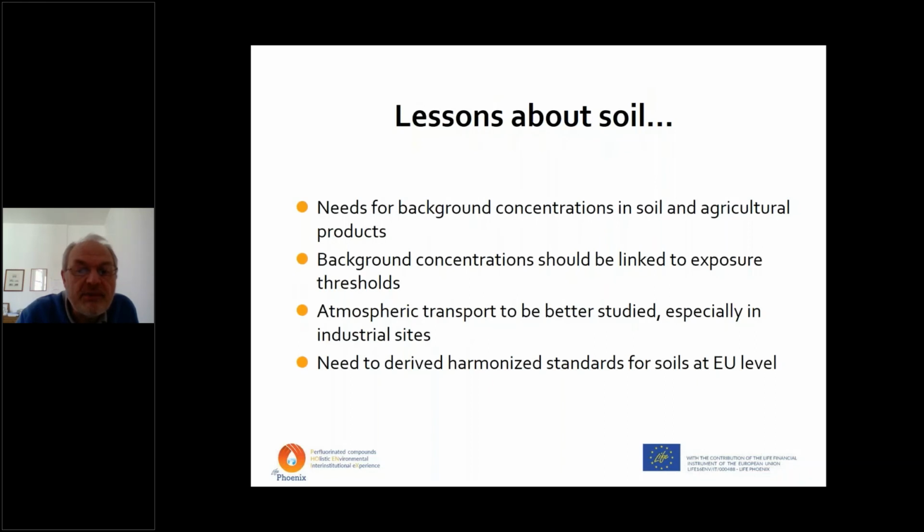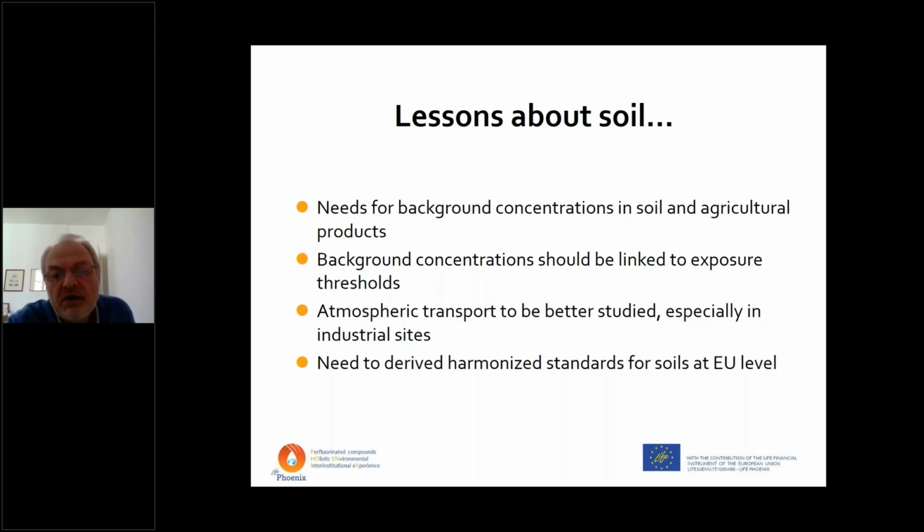And also about soil, the presentation of Grit showed us that there is a need to search for background concentration, and also to look for PFAS in agricultural products. And it's very important that the background concentration should be linked to the real threshold, because you cannot set any soil threshold or standards if you don't know this background concentration.